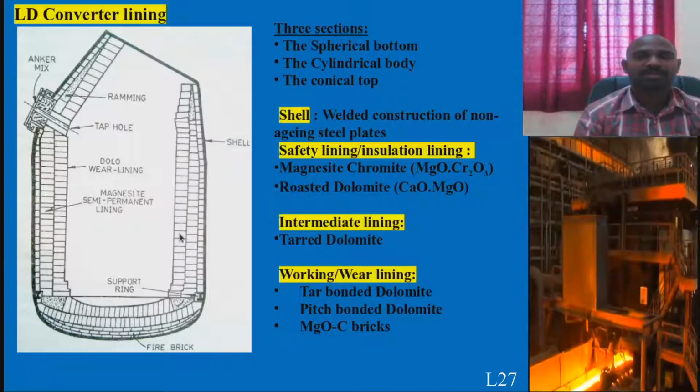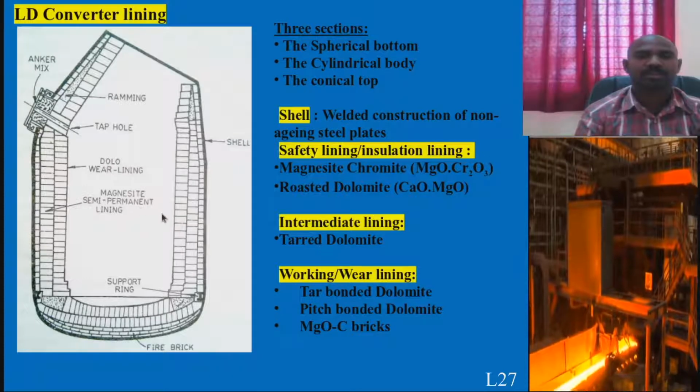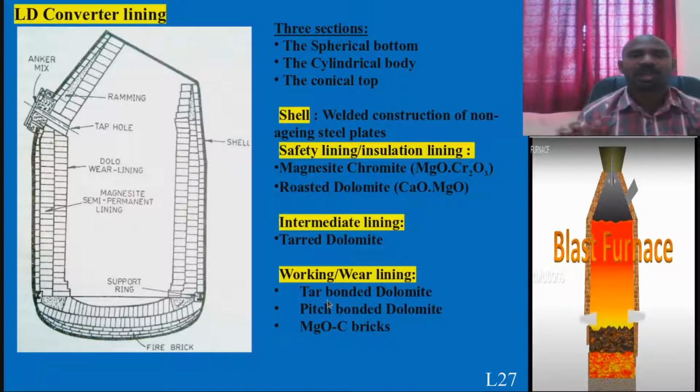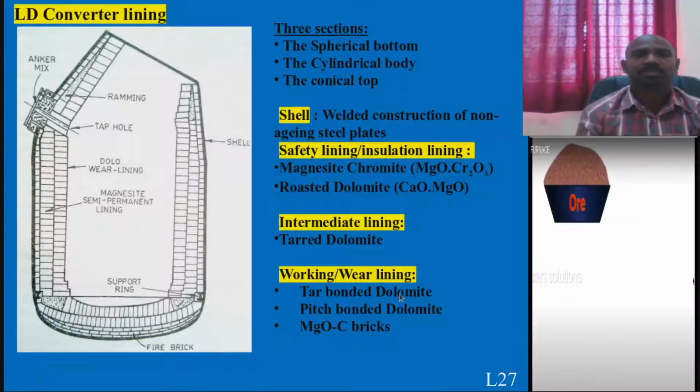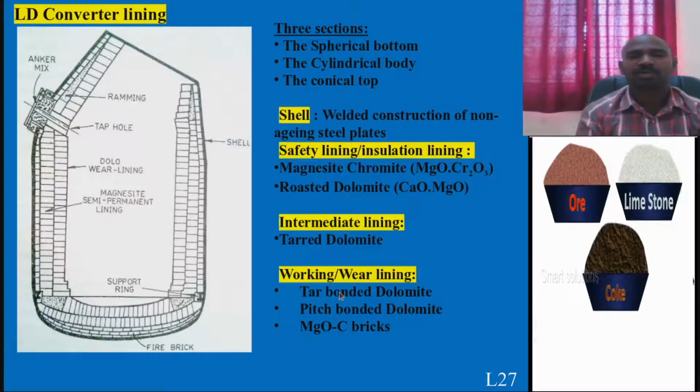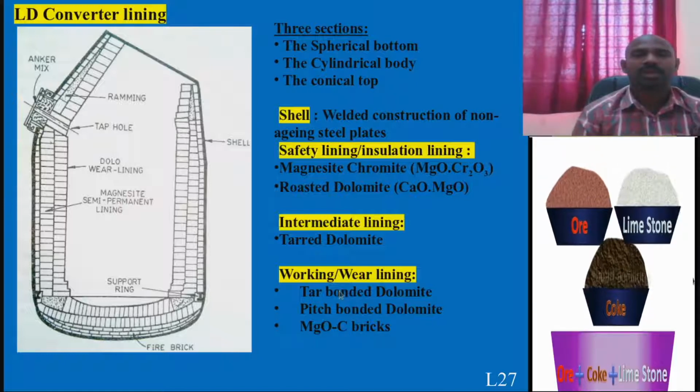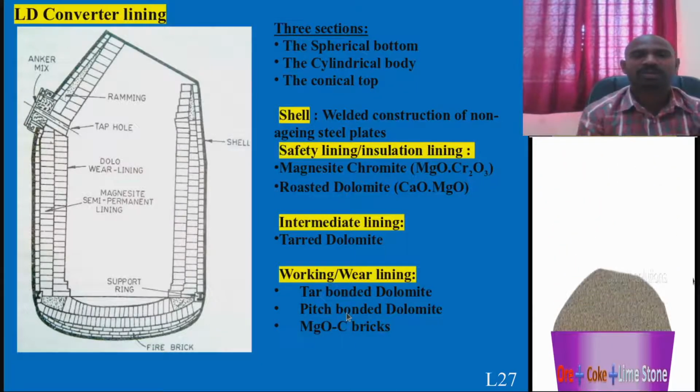This is the working lining, which comes in contact with molten steel. So it should be a combination of tar bonded with dolomite, fixed bonding, or pitch bonded with dolomite, or magnesia carbon bricks. Either of these can be used. These are in practice for lining.